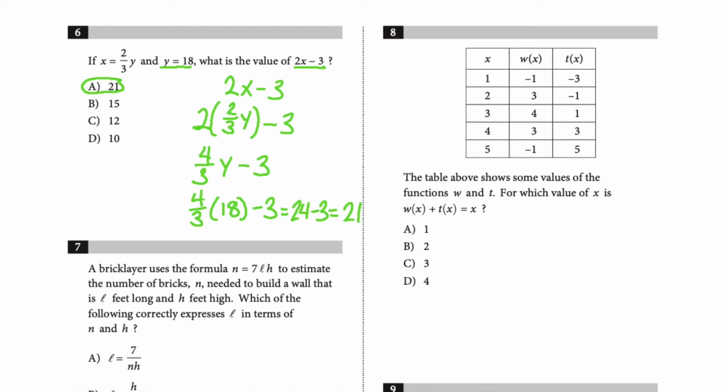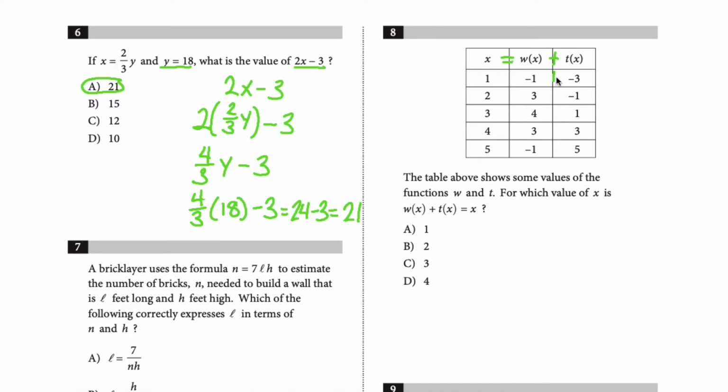Number 8. The table above shows some values of the functions w and t. For which value of x is w of x plus t of x equal to x? So what we need to do is add the second column to the third column and see if it equals whatever's in the first column.